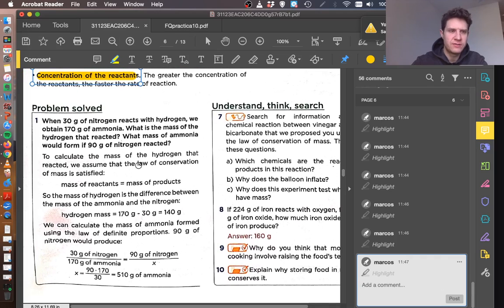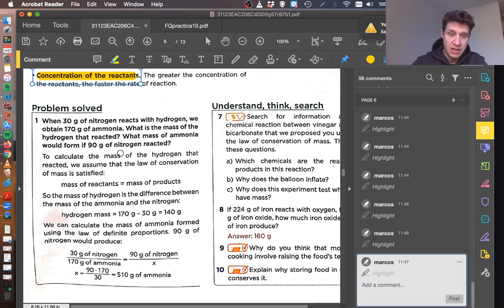So here we have a problem solved. When 30 grams of nitrogen reacts with hydrogen, we obtain 170 grams of ammonia. What is the mass of the hydrogen that reacted? What mass of ammonia would form if 90 grams of nitrogen reacted?